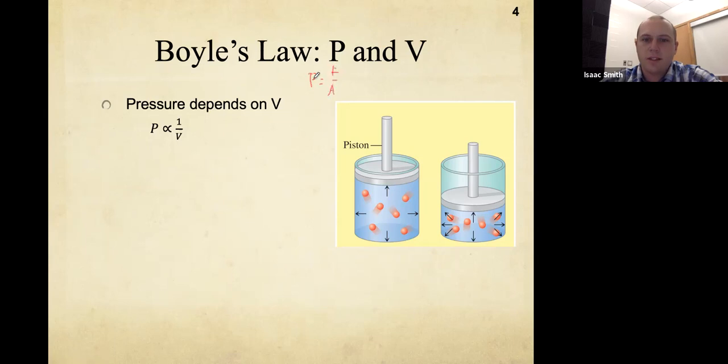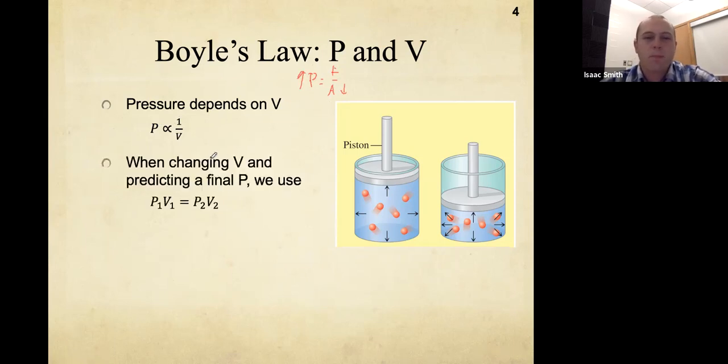So as you decrease the area, pushing the piston down, you're increasing the pressure. So volume and pressure are actually inversely related, okay? So when changing volume and predicting a final P, because they're inversely related this time, we use P1 times V1 equals P2 times V2.